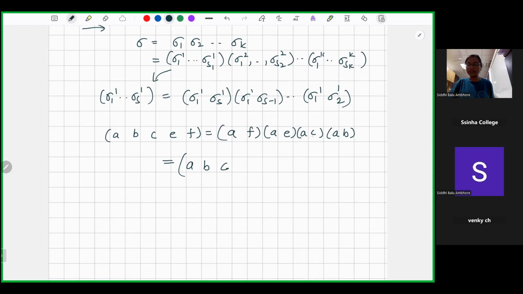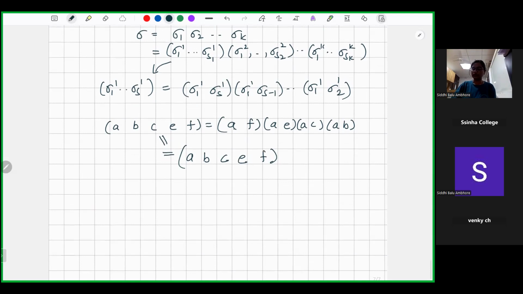Now where does C go in this product? C goes to A goes to E, and E is fixed in this cycle. Now E goes to A here, and A goes to F, and F goes to E here. So this was the original cycle. I'm just saying that this product actually gives me the cycle we started from.